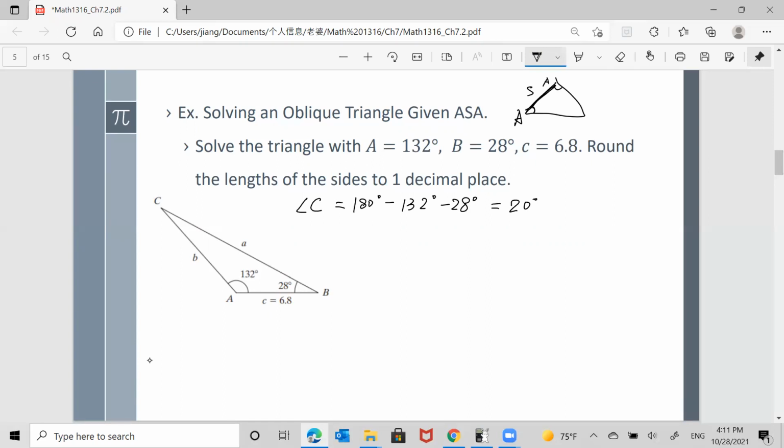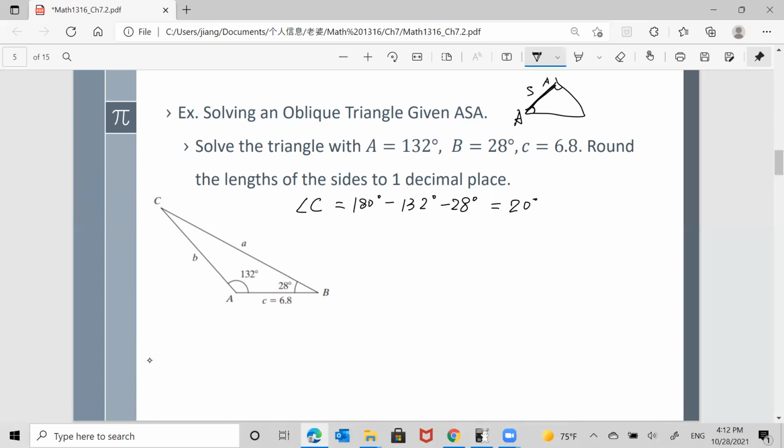Let's find, so here is c, here is angle A, and here is angle B, and also we learned the angle C here. That means we can use the sine formula.